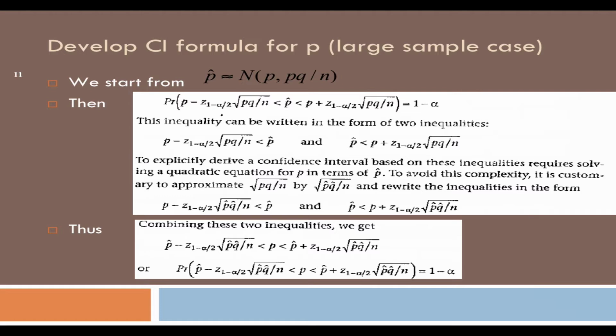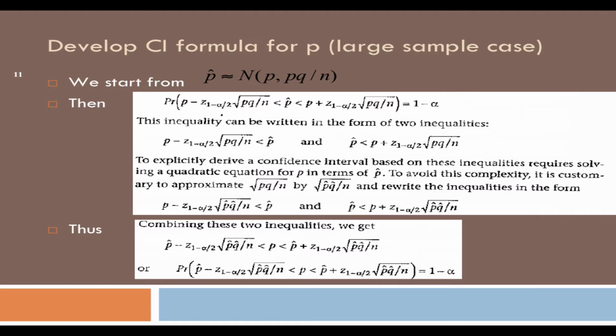Okay? And remember what we have in this formula, we have P and Q right here. So P is this P and Q is 1 minus P. We actually do not know this P. So what should we do?